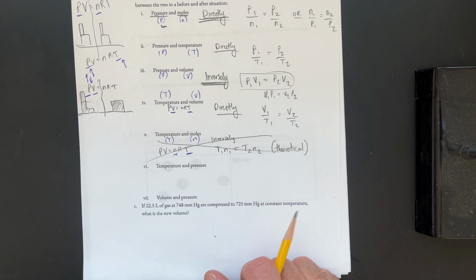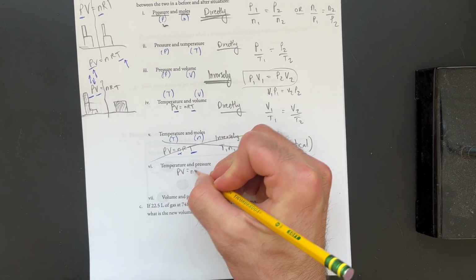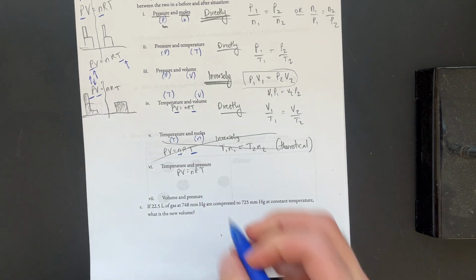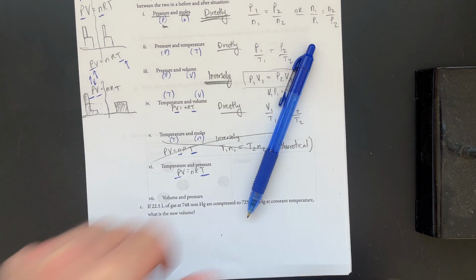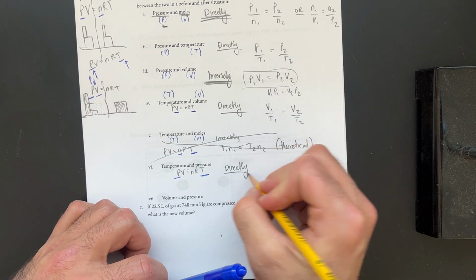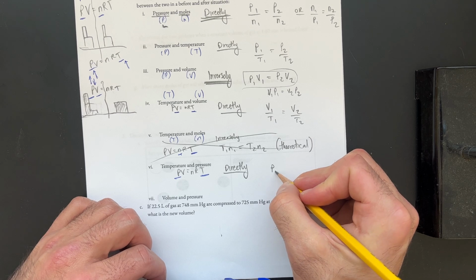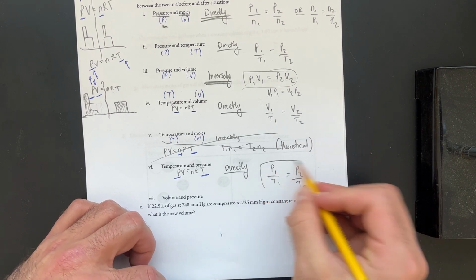Okay. Temperature and pressure now. This actually is a legitimate one. PV is equal to nRT. T and P. That's got to be direct, and so this is direct. And so therefore, P1 T1 is equal to P2 T2. Nice.